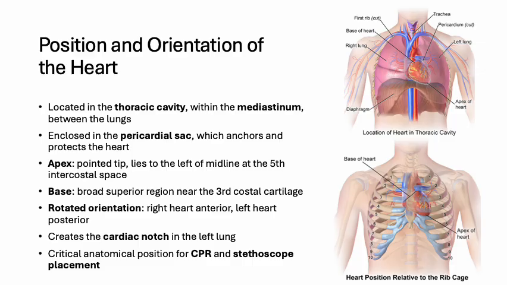Understanding this orientation is also vital for emergency procedures like cardiopulmonary resuscitation, because the heart lies just beneath the sternum and anterior to the vertebrae. Compressions performed in the correct spot on the sternum can help circulate blood during cardiac arrest. All of these anatomical details, orientations, landmarks, and nearby structures are essential knowledge for both diagnostic assessment and emergency intervention.